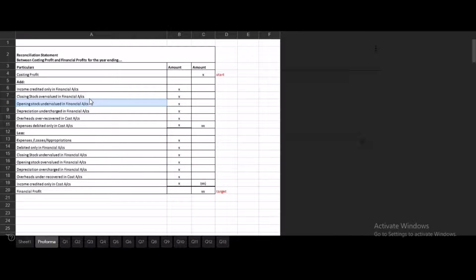What is recorded in financial account only should be added to cost profit, then only we will get the answer.